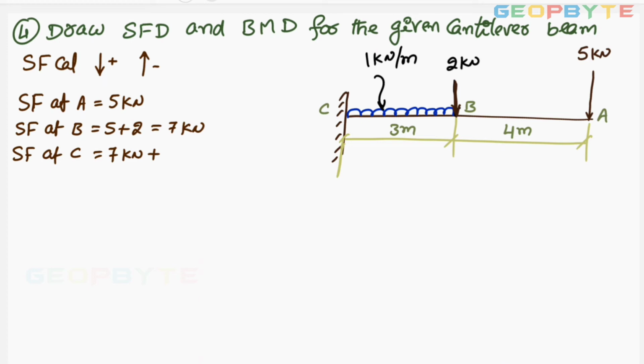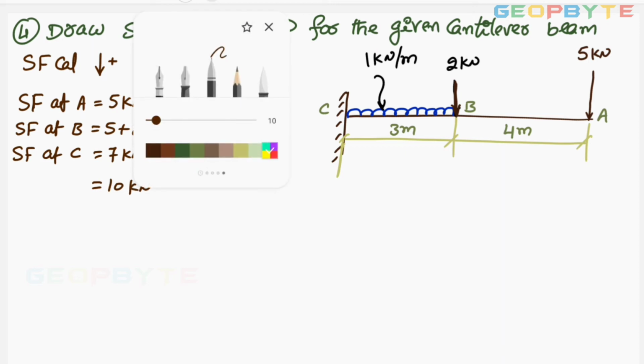You just convert from UDL to point load. How do you get it? By multiplying the UDL with the UDL distance. Meter cancelled. Finally, kilonewtons. 7 plus 3, 10 kilonewtons. I hope you understood.